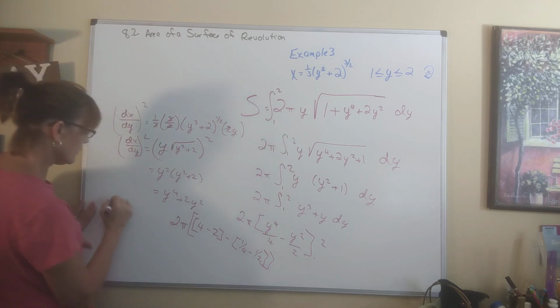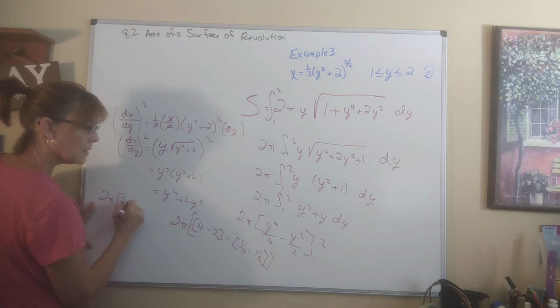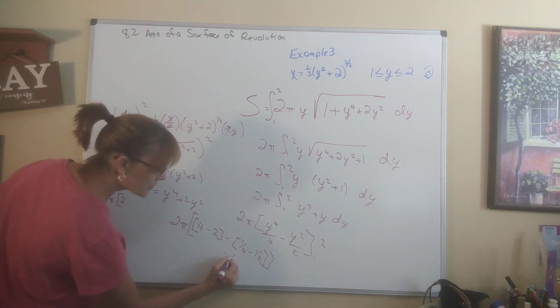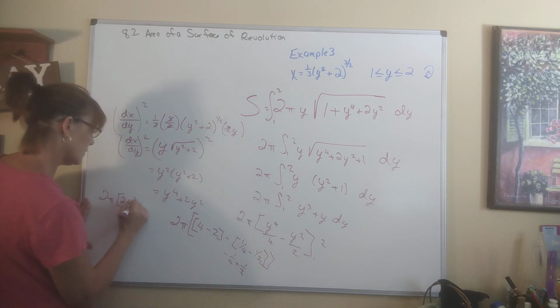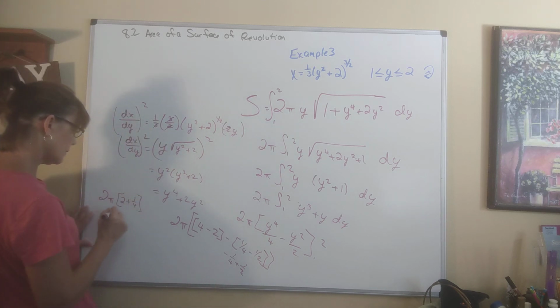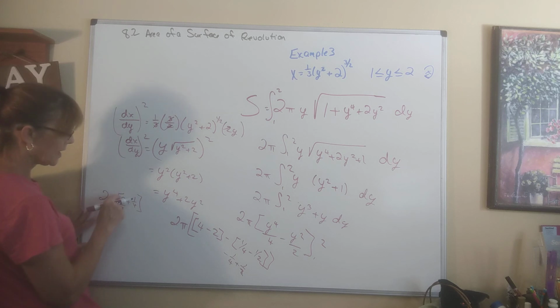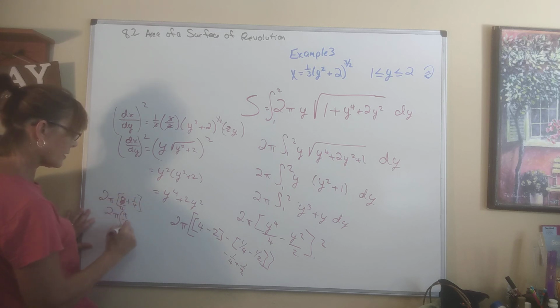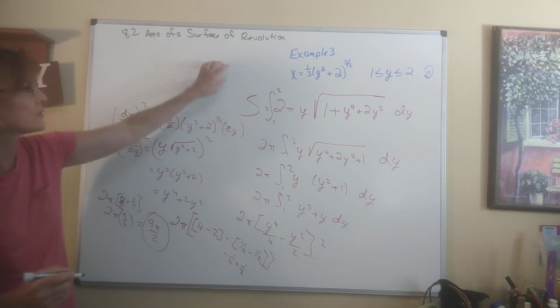All right, we get 2 pi times 2 minus 1/4 plus 1/2, which is plus 1/4. All right, we have 2 pi, this is really 8 over 4, plus 1, that's really 9 over 4. This is going to be 9 pi over 2. That's what I get the surface area for that to be.